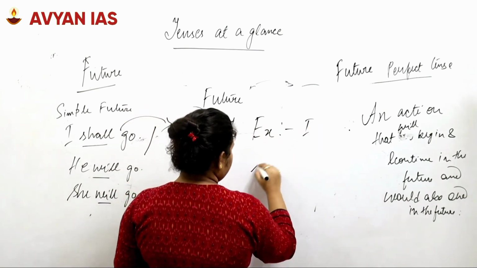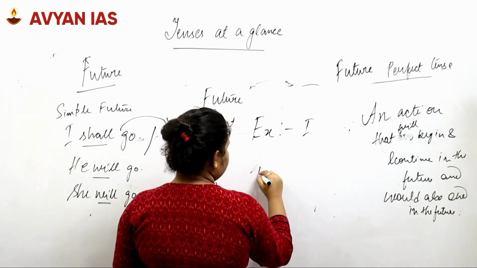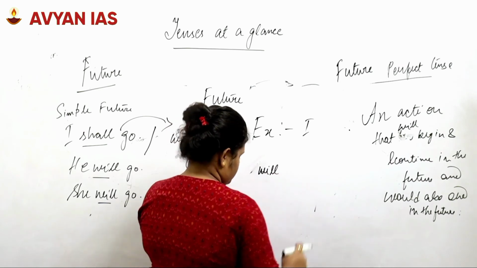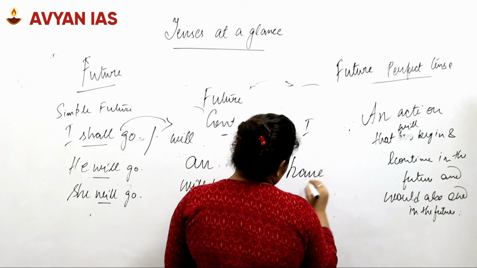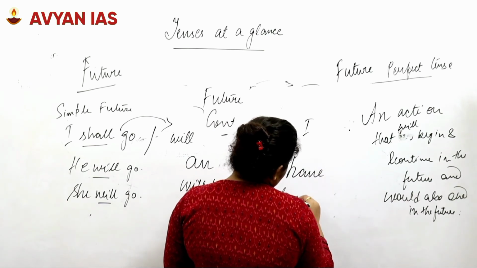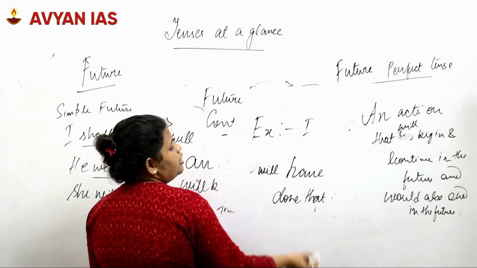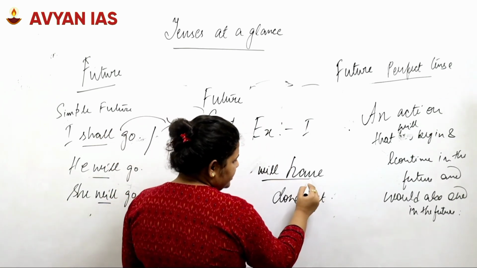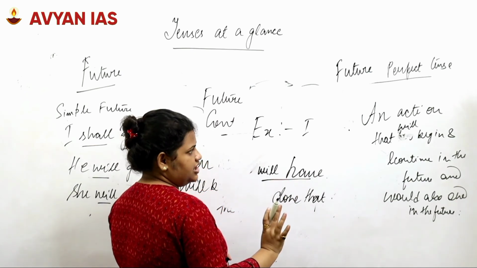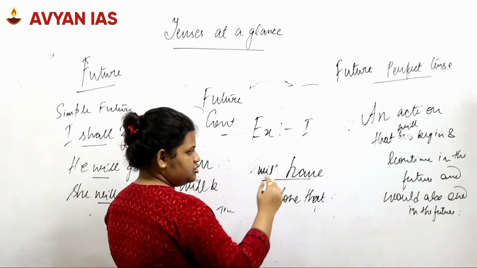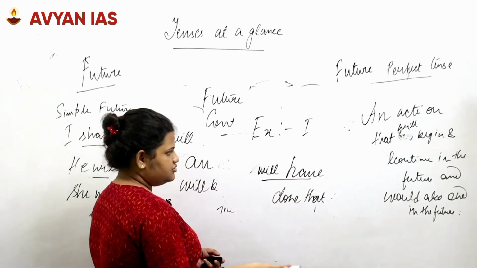I will have done that. You are talking about a completion of an action which you will be doing in the future. The action hasn't yet begun. The action will begin in the future, happen in the future, and continue and probably end in the future as well.